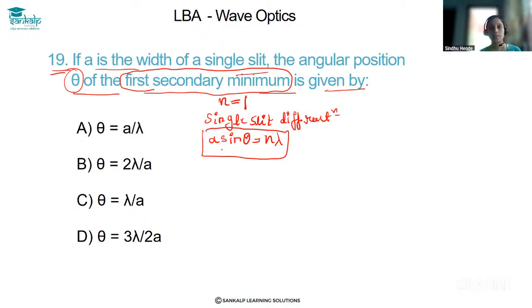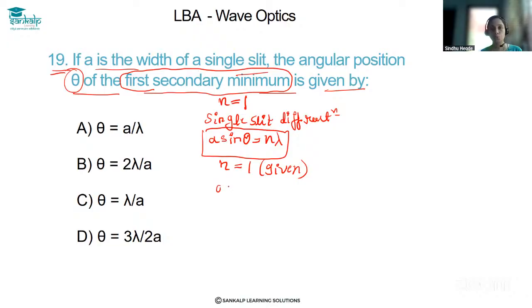Here lambda is the wavelength of light and n is the integers 1, 2, 3 and so on. Here the n value is given, that is 1, because it is mentioned in the question that first secondary minimum is nothing but n is equal to 1.